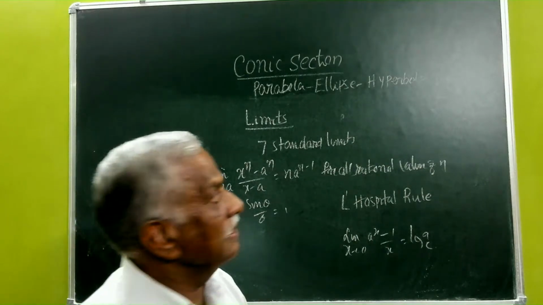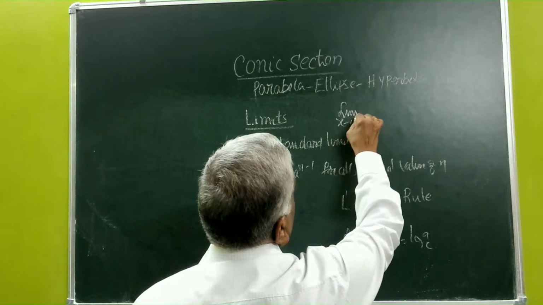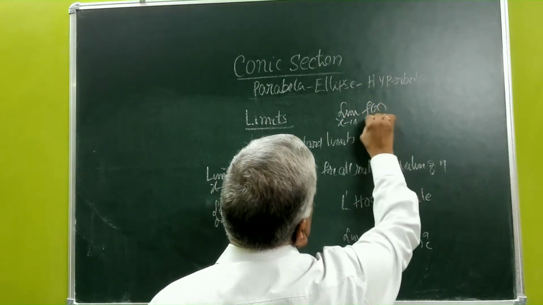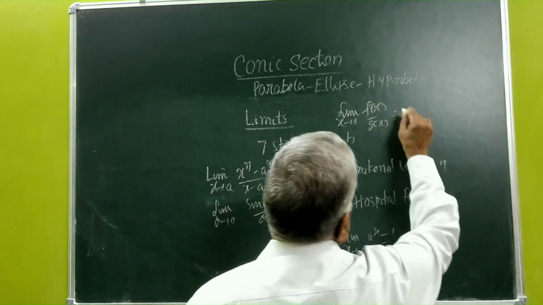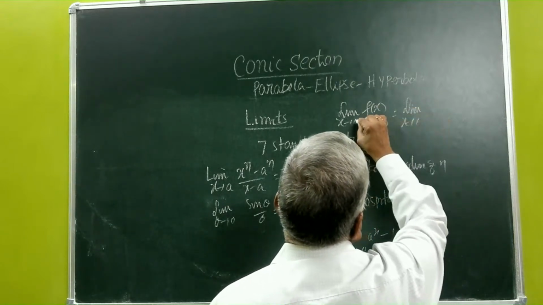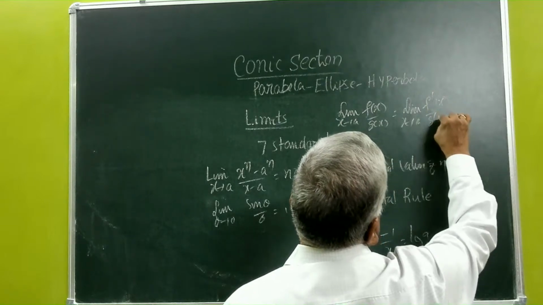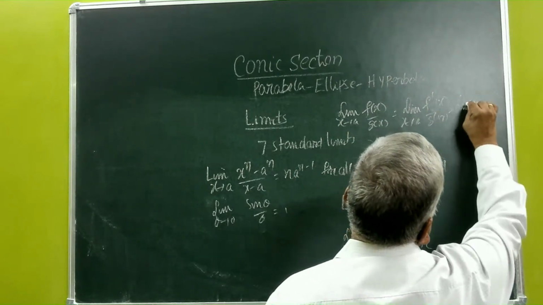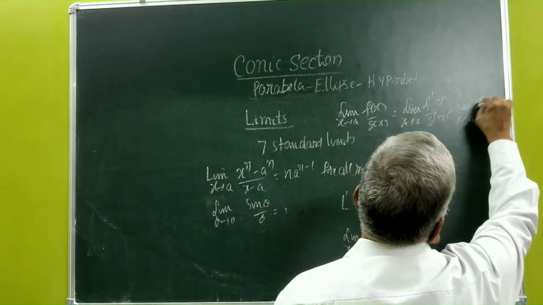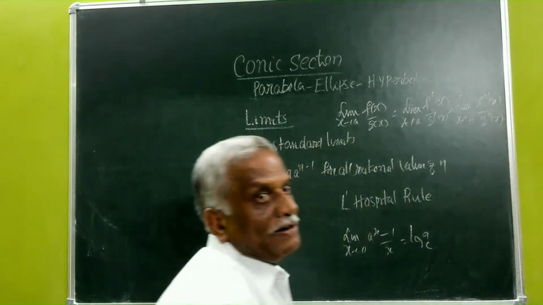What is L'Hopital's rule? Limit of x tends to a of f of x by g of x is equal to limit of x tends to a of f dash of x by g dash of x, that is equal to limit of x tends to a of f double dash of x by g double dash of x.